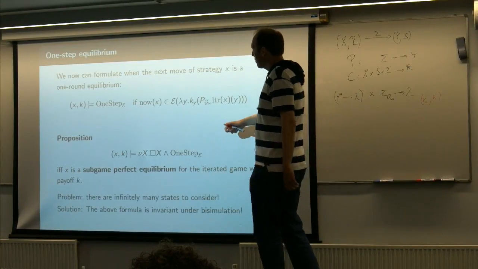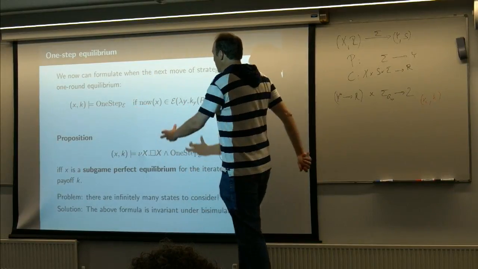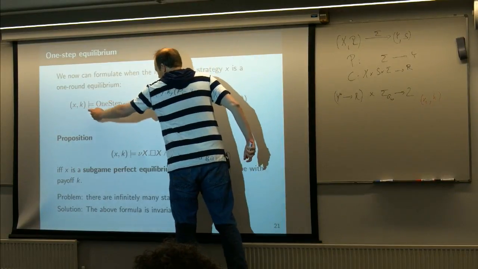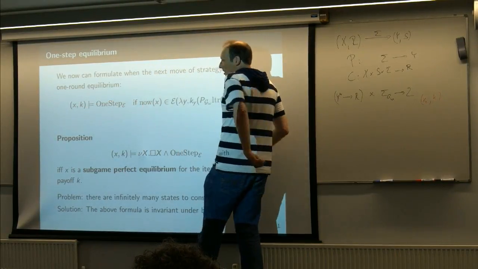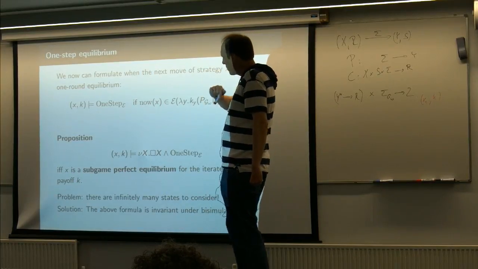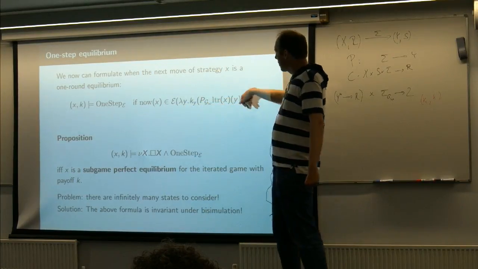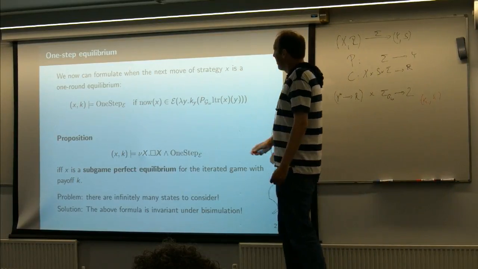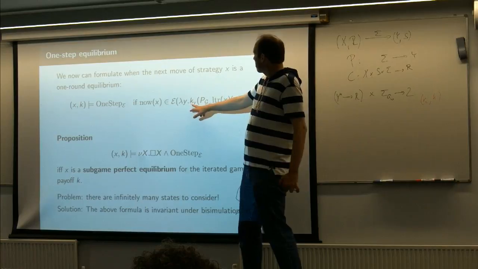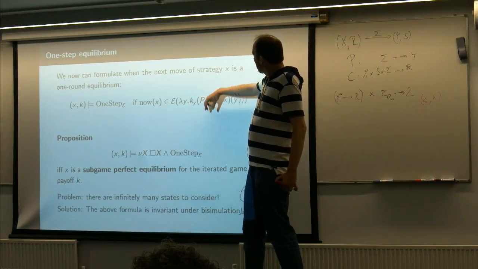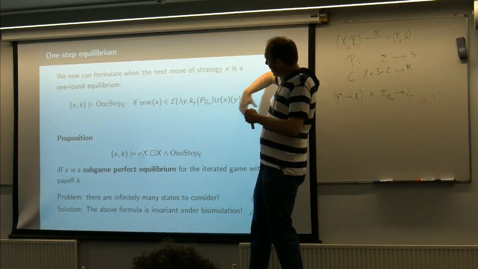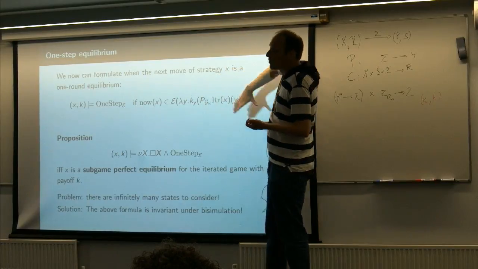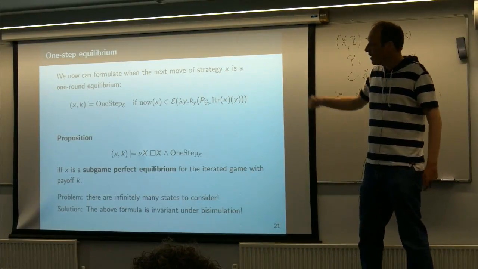Now if you define this, it basically says that in my current state, the strategy that I am about to take is in fact an equilibrium for a properly updated payoff function. Properly updated means that we assume the future continues according to the strategy.